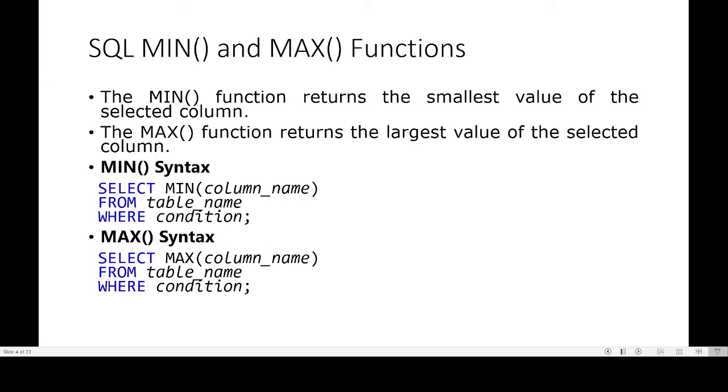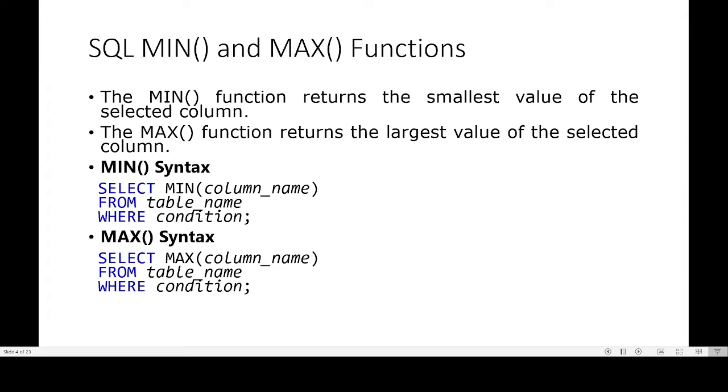So, the SQL min and max functions. As I said, the min function returns the smallest value of the selected column, and the max function returns the largest value of the selected column. Let us see the syntax for min and max. The syntax for min is: select, then the aggregate function min, and then whichever column we want to find the minimum value of, that column name we give here.